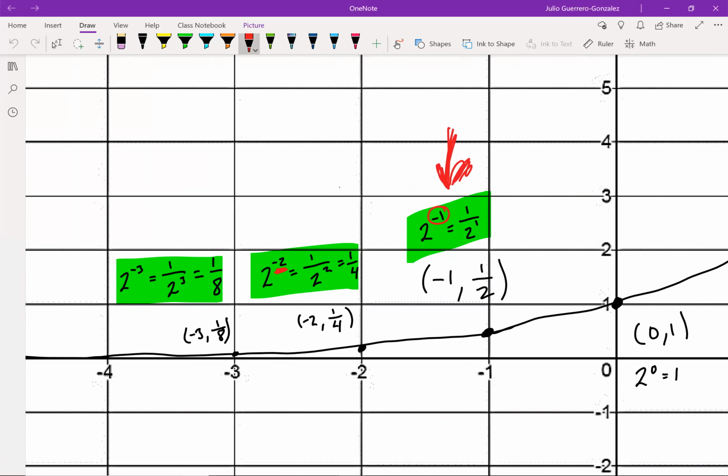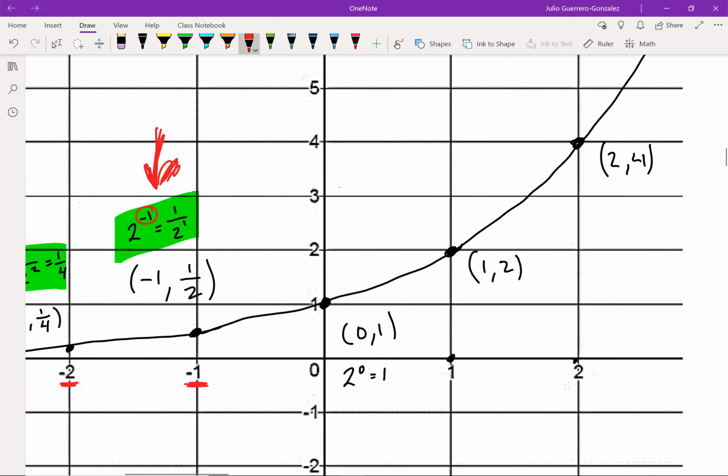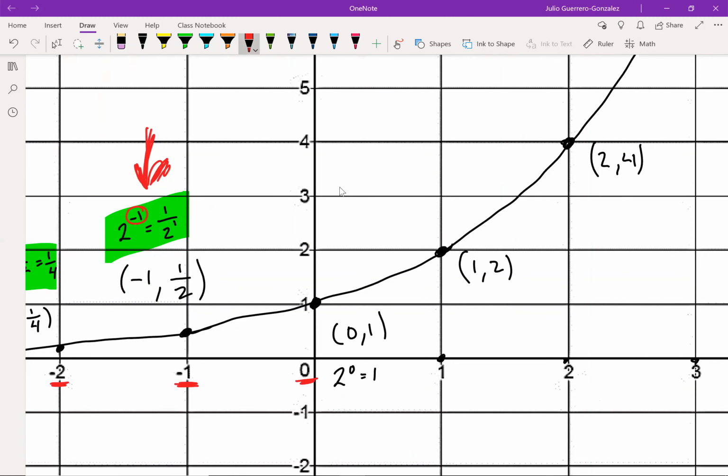Notice how, like I said, -1 was my x, that's what got plugged in. -2 was my x, -3 was my x, and 0 was my input, right?